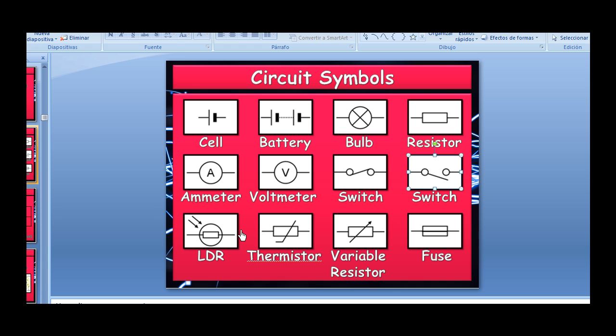The light dependent resistor, or LDR, is this one here. You can see the arrows coming down. Those are to represent the light, and the more light that falls on the resistor, the smaller the resistance gets.